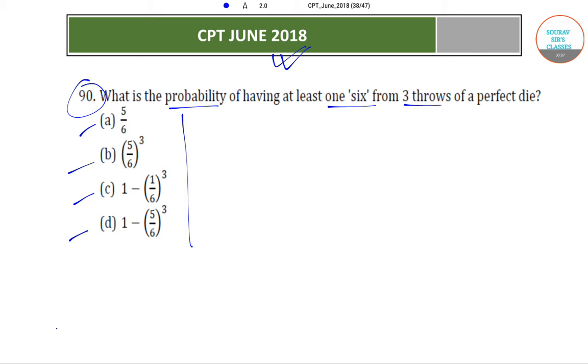So now the cases are case 1, then we have case 2, and then we have case 3.